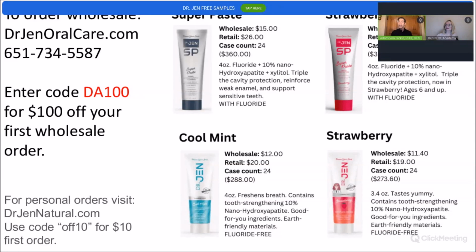I would love to see, and hopefully one day it will be recognized by the ADA as an anti-caries agent. And what we're seeing, as a consequence of that lack of approval and lack of guidance from the Food and Drug Administration as well, are companies getting away with putting in diluted concentrations and ineffective particle sizes, yet able to make the claims that it's just as effective as fluoride.